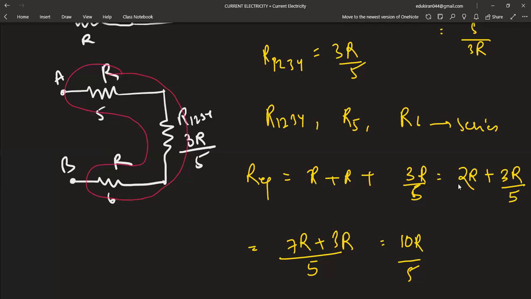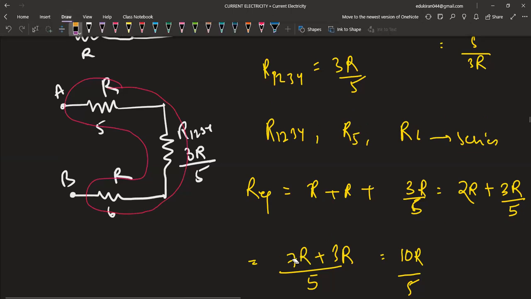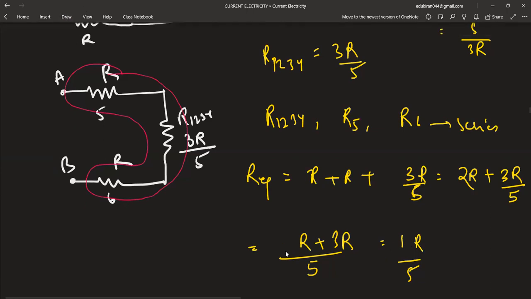See, this is R plus R is 2R. 2R plus 3R by 5. So 5 gets multiplied here. Oh, that's 10. Wait. This is 10R, so this becomes 13R by 5. That's that.